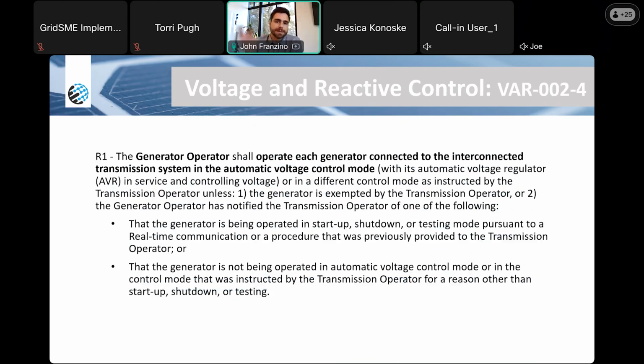Okay, now here's the VAR2 as it relates to GOP that I jumped the gun on earlier, saying that it's one of the most, if not the most, typically violated GOP requirements. It's because upon a change in status of automatic AVR, automatic voltage control mode, the GOP has a requirement to notify the TOP within 30 minutes.